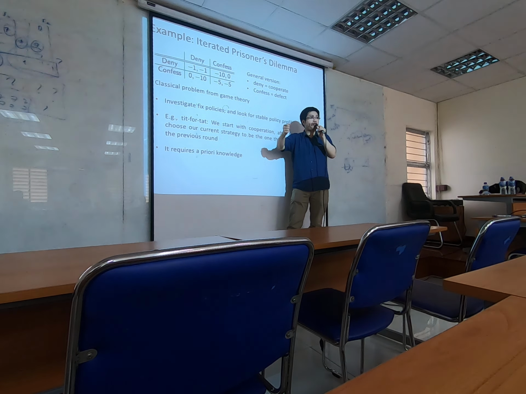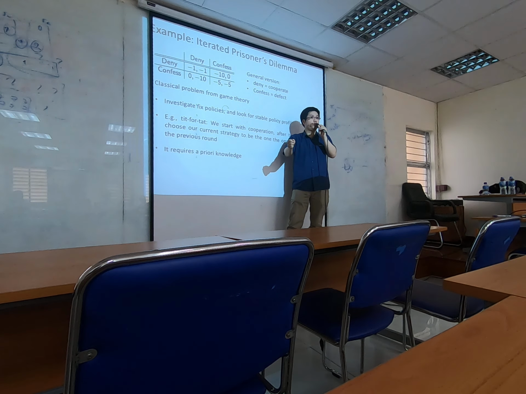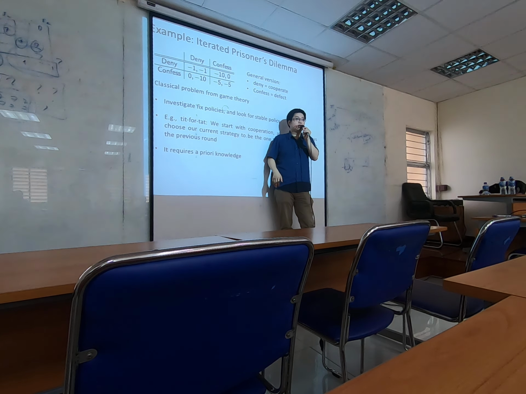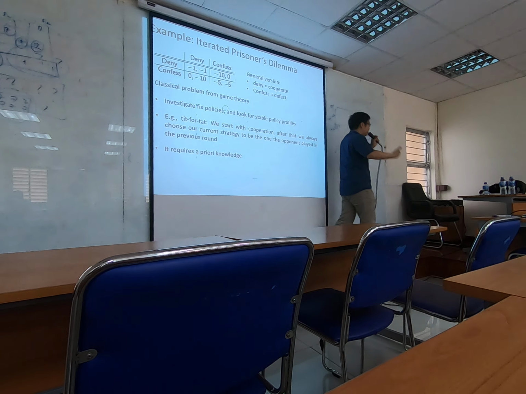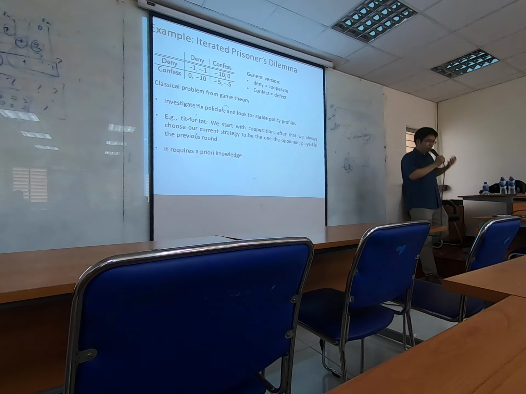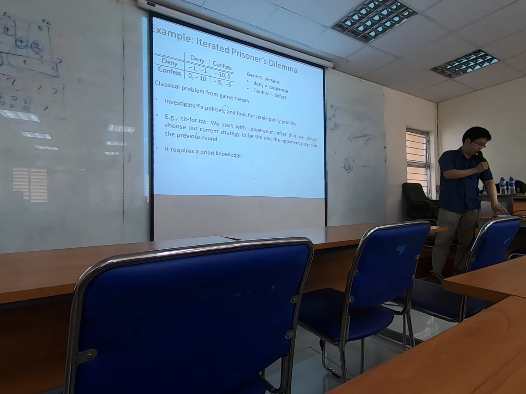That's why we can threaten them, saying, look, if you fool me, I will fool you after that. But if you don't have any information, you cannot do this. So how can we still learn something clever there? That's going to be the focus of this session.